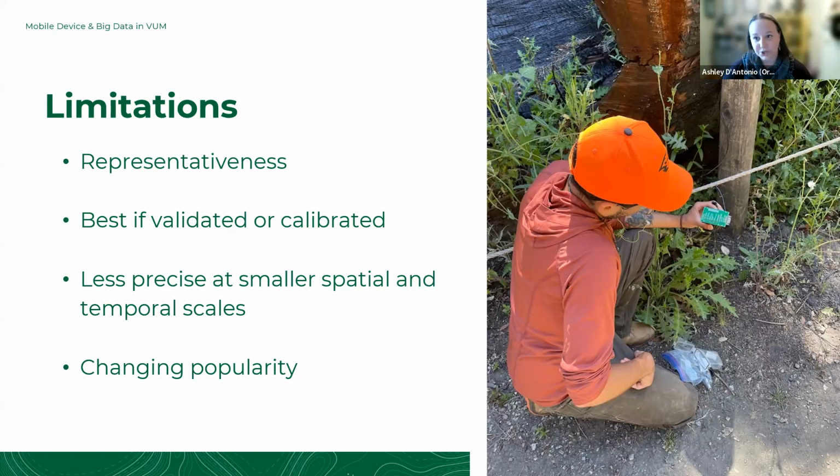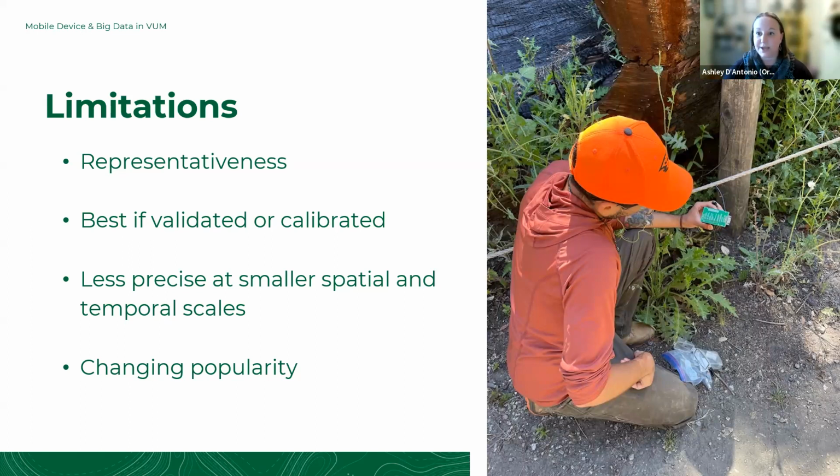And again, it's very user group specific, which can be a benefit if you have a very user group specific place you're trying to estimate use for or understand use patterns for. But it's really important to understand who the users are, what is represented in this data, and who's not represented. Again, it's best if it's calibrated or validated.